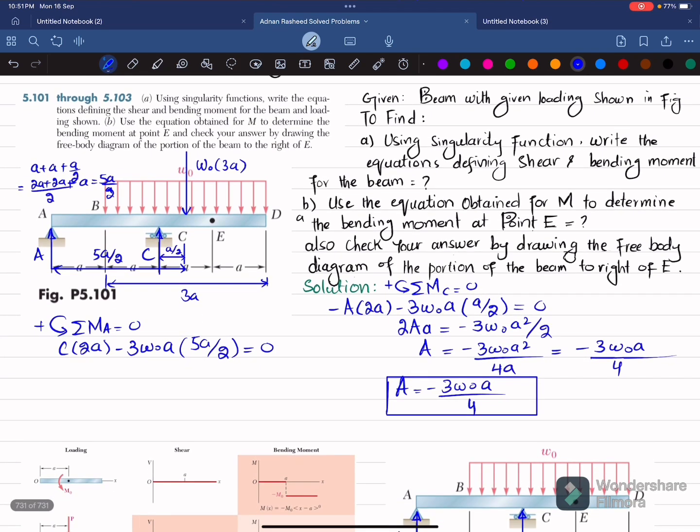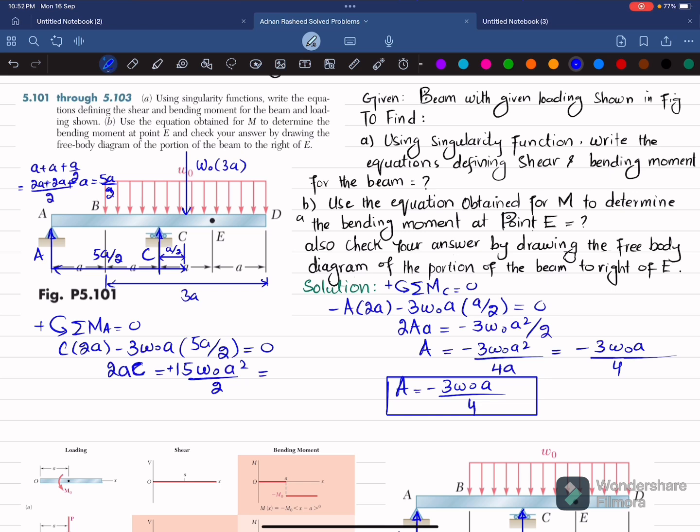Now the sum of all moment about point A is equal to 0. So I need C. So 2AC is equal to 3 into 5 is 15. So I can write minus 15 plus 15 into W naught A square over 2.